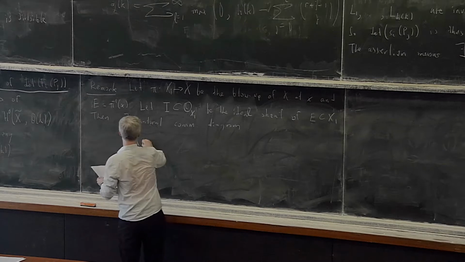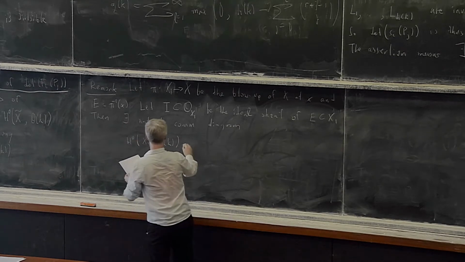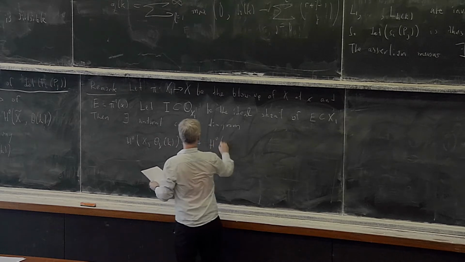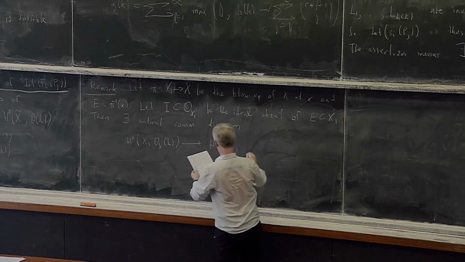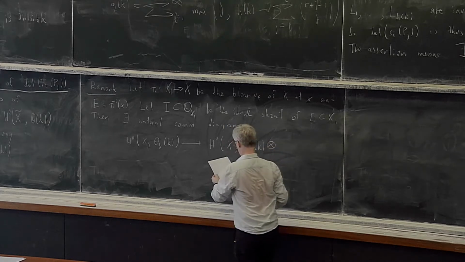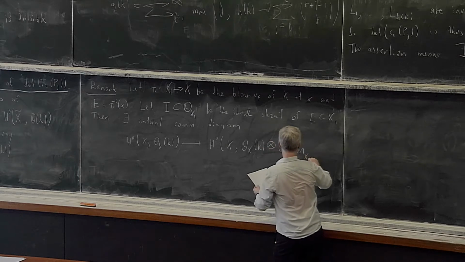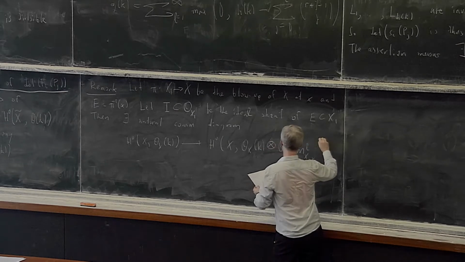So you have in here O_X(k) goes then to H0 of X, and then I have O_X(k) tensorized with O_X modulo these multiplicities here.